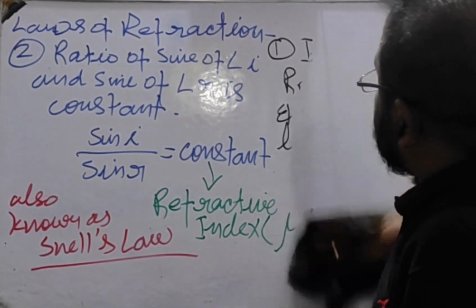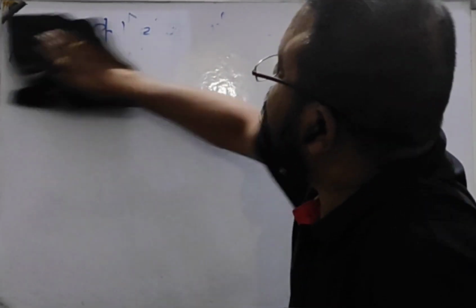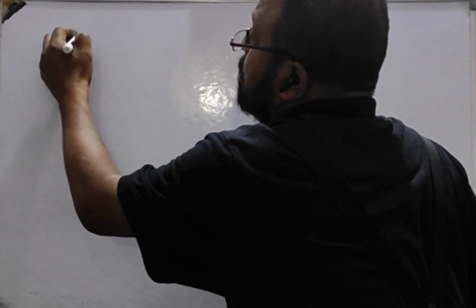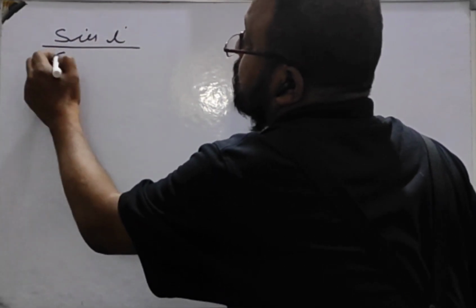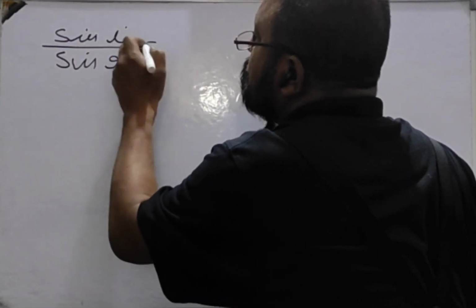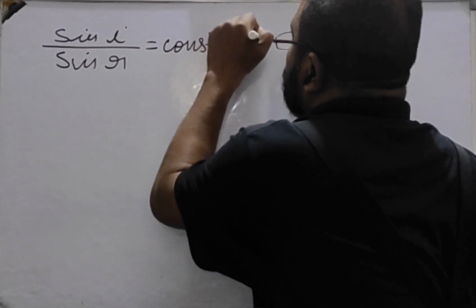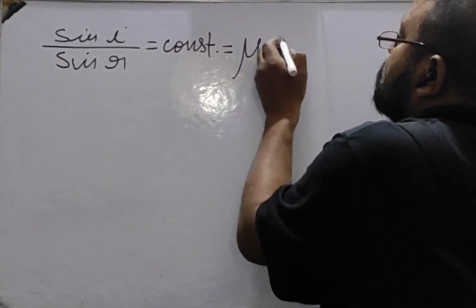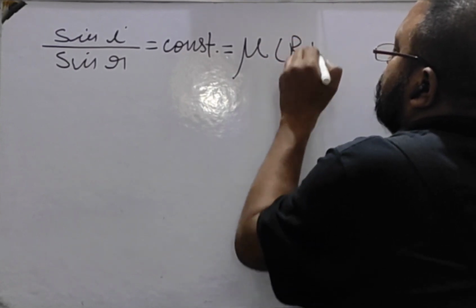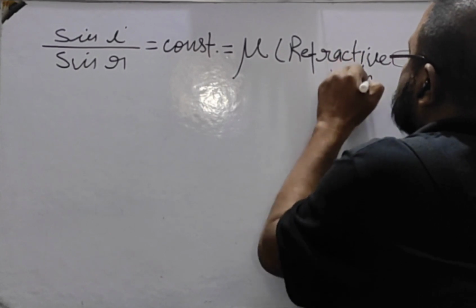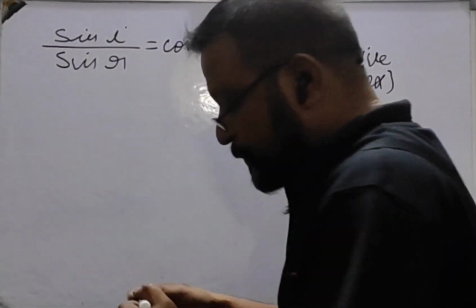After this, as I told you, sine i upon sine r is equal to a constant, which we call mu or refractive index, right? What is this refractive index?